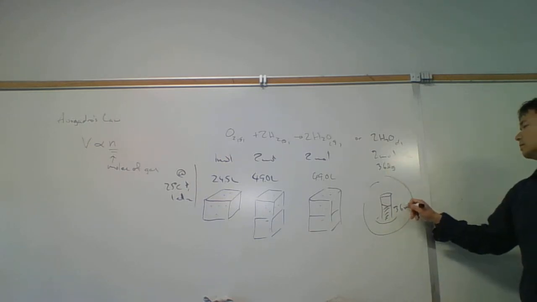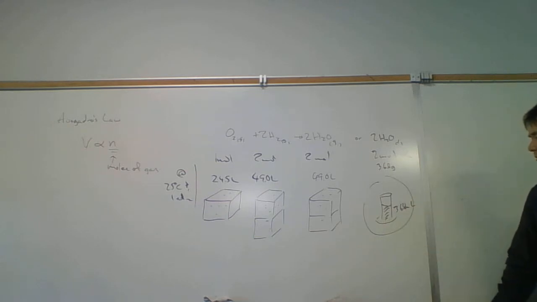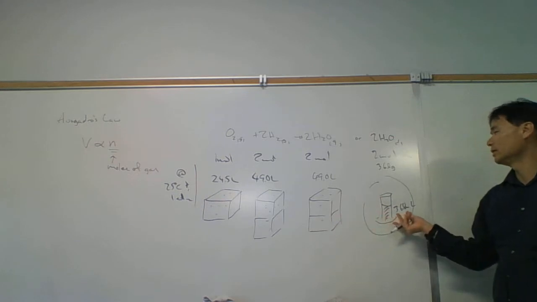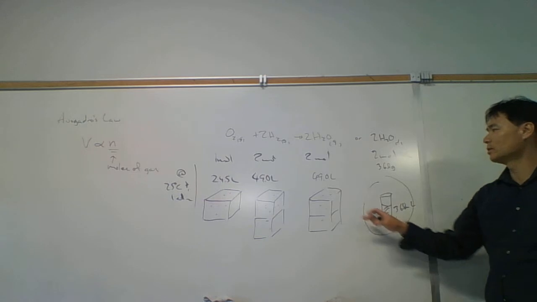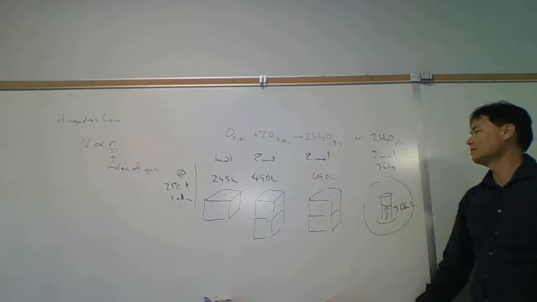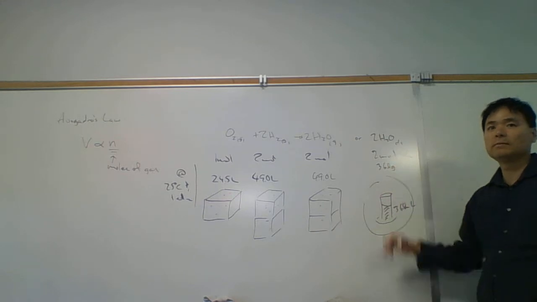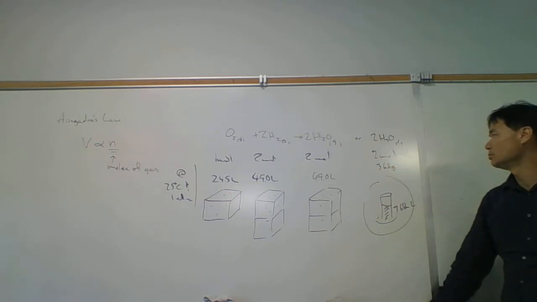And so rather than having 49 liters, we're going to put that 2 moles of liquid water in 36 milliliters. So this only works if we're dealing with gases. So for example, we couldn't say we're going to form 49 liters of water. That would be much more than 2 moles of water.